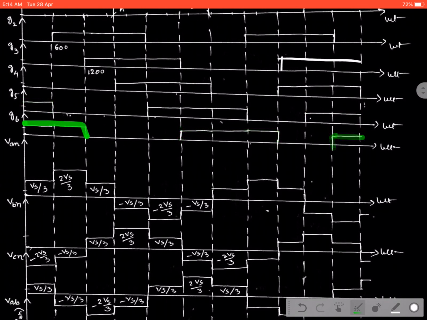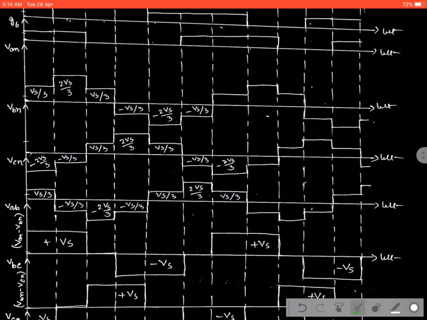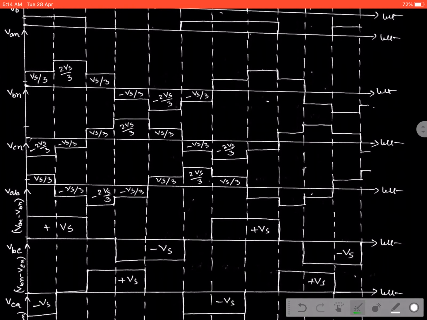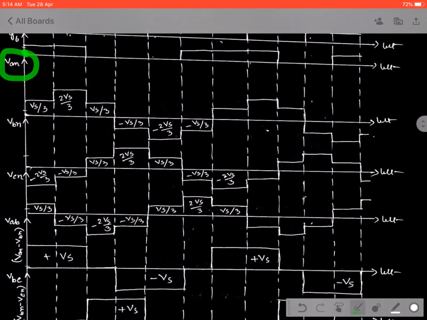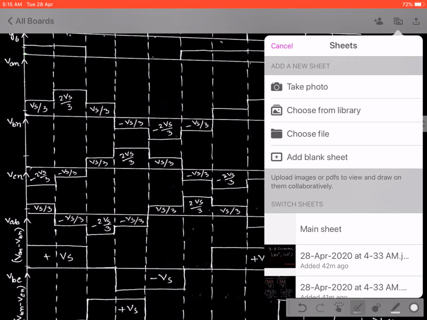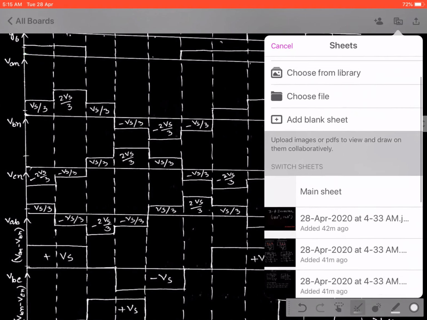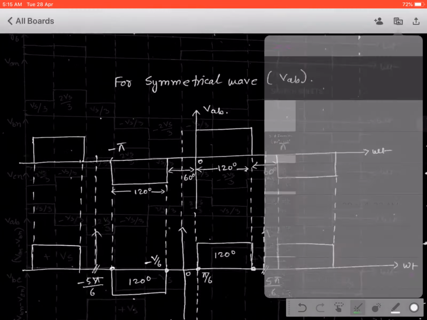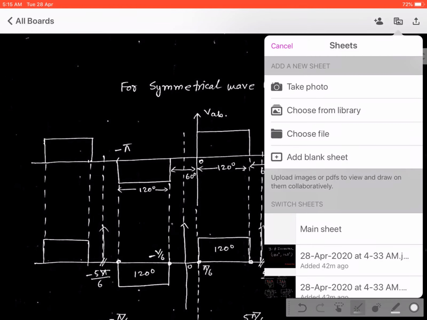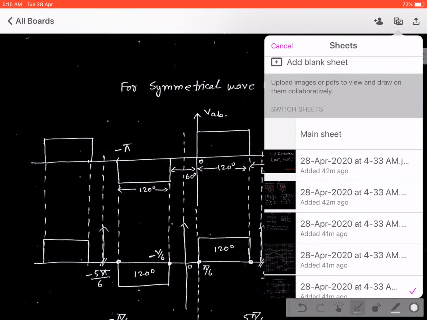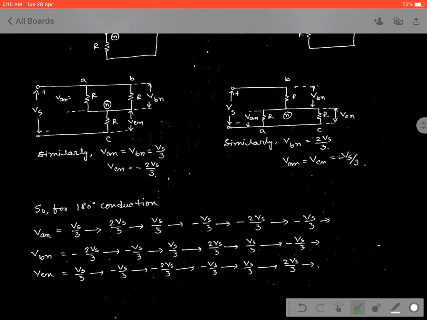Now we consider the mode of operation. As we know, all the values we have already defined before. Now think about VAN. Let me recall, what is VAN? During the 6th mode operation, I just explained before. VAN means this part.